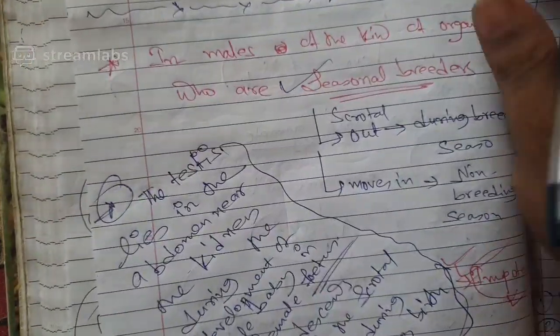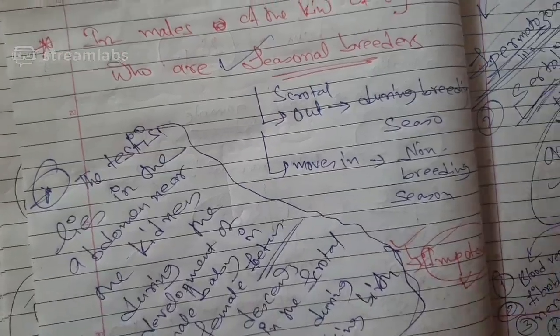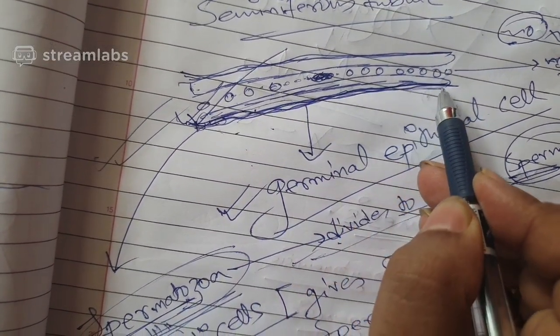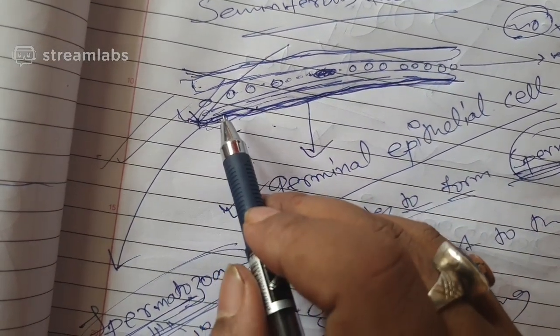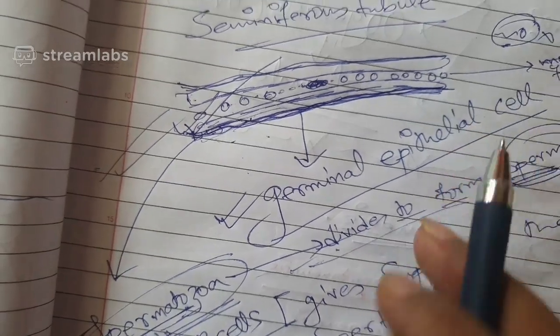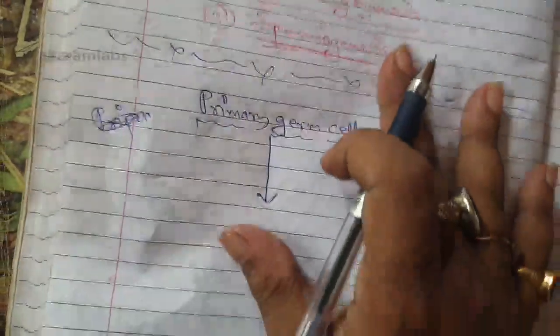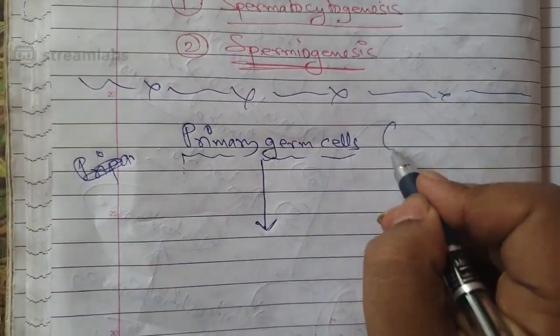They are in the walls of the seminiferous tubules. The primary germ cells are diploid in number.